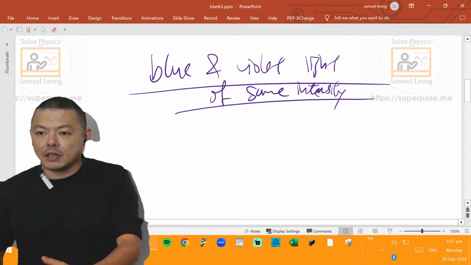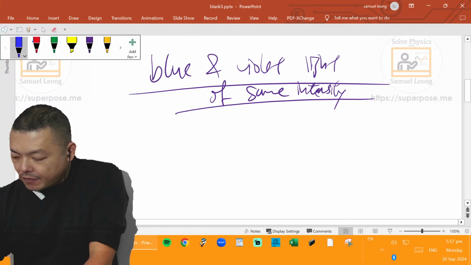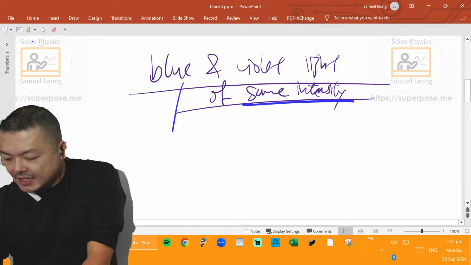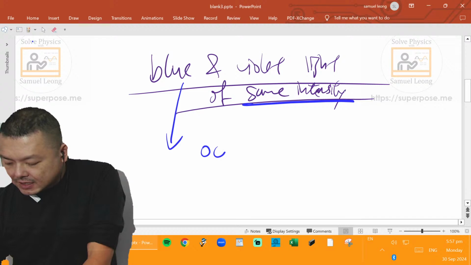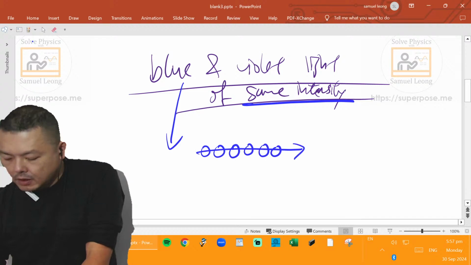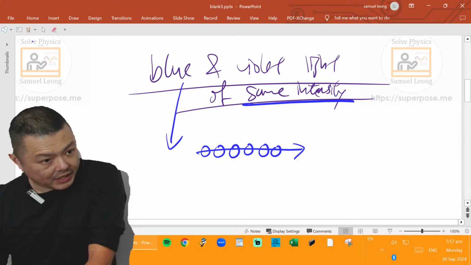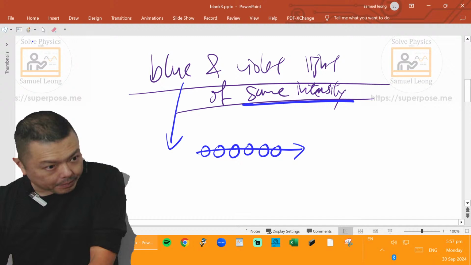For the same intensity, blue light, which has a lesser amount of energy per photon, will have more photons per unit time. That means the rate of photons is higher.